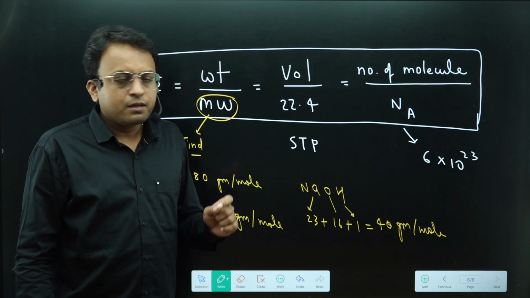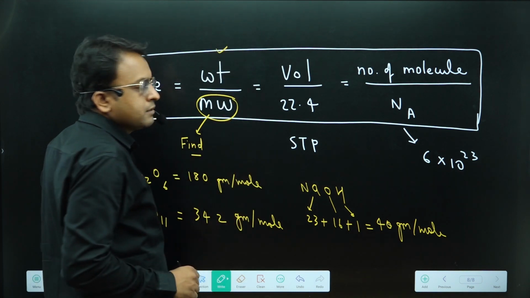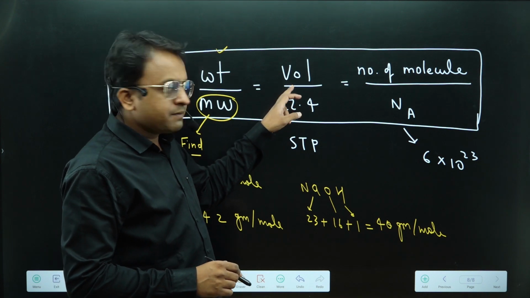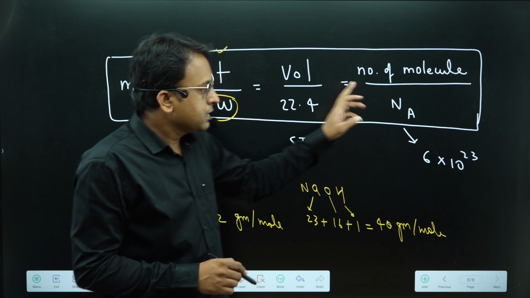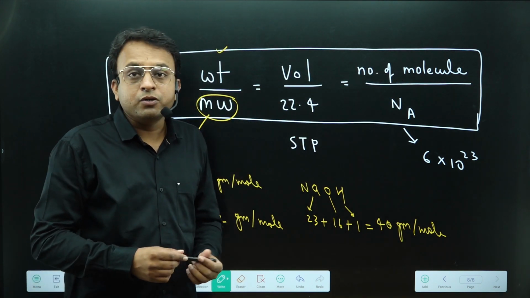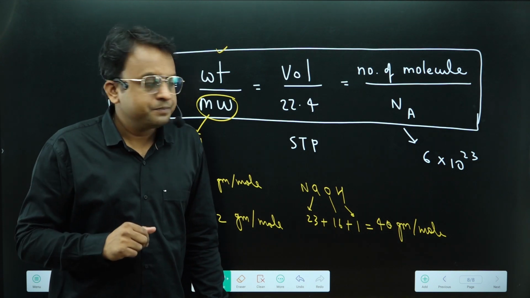Now, the question will ask weight and it will give volume. If it will ask volume, it will give number of molecule. So in these three things, it will give any one and ask the other one.